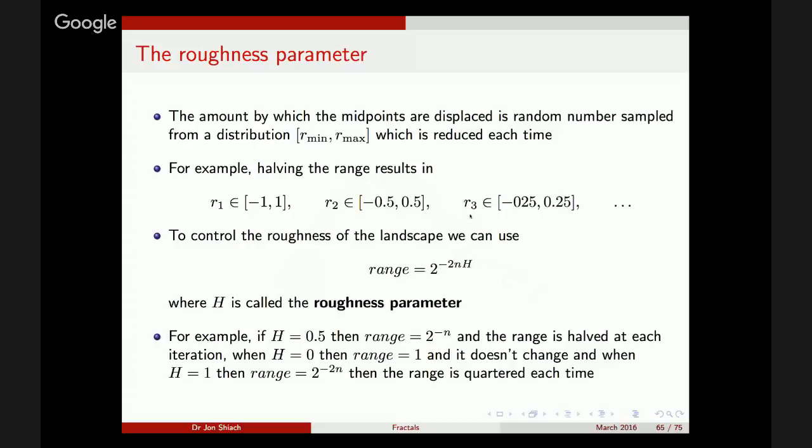Okay, so that's this general method. Halve it, find the midpoint, so find the halfway point, randomly decide whether you're going to go up or down, and go up or down a bit, and then for the next iteration you halve that amount that you add.